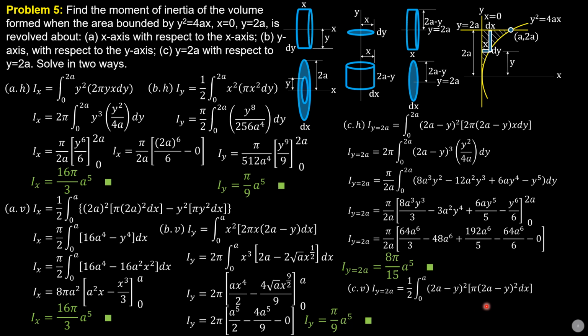So this is equal to 1/2 pi over 2 integral 0 to a of quantity 2a minus y to the fourth dx, replacing y by 2 square root of a x to the 1/2, then raised to 4, then use your calculator. In fact, you can also use your calculator in the upper part, like here.